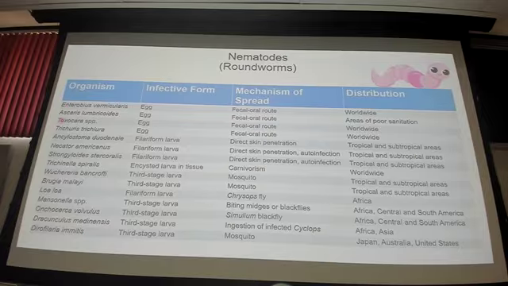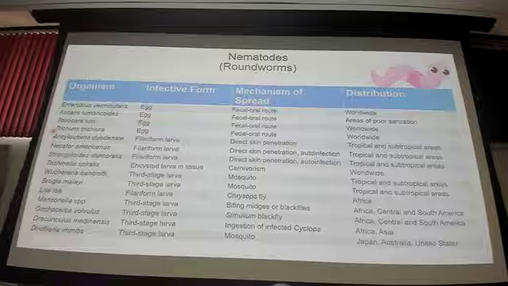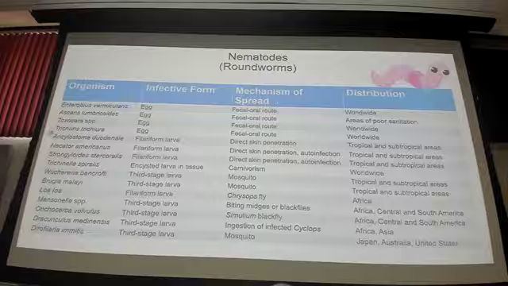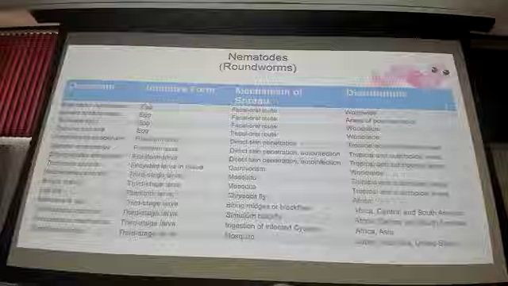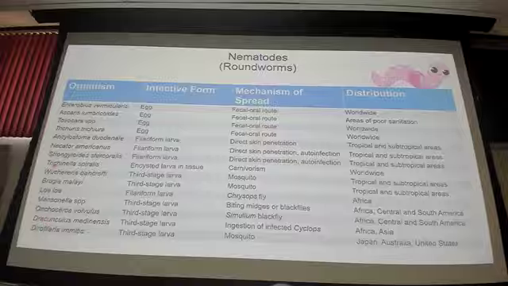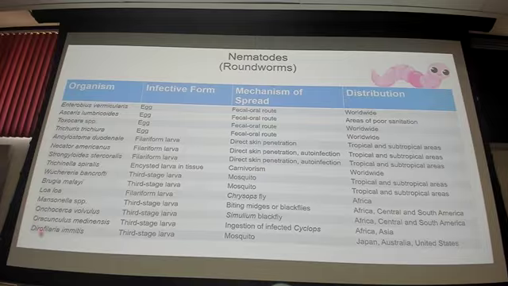Toxocara is one that we won't cover in this course, it's not on the PANS blueprint, so don't worry about Toxocara, even though it's super common and arguably important. Trichuris, that's the whipworm, another intestinal roundworm, causes a lot of damage, anemia. Ancylostoma and Necator, those are hookworms, then Strongyloides, and then these guys at the bottom round out with tissue roundworms, worms that will get into tissue and do tissue damage.